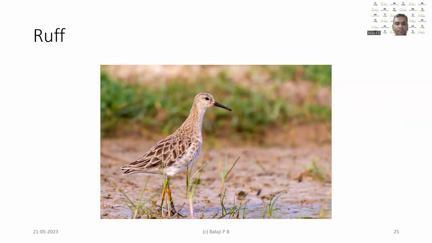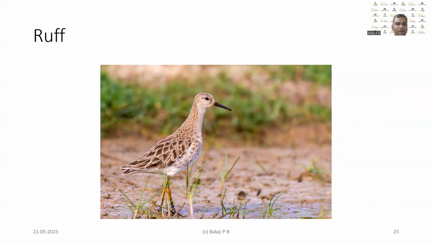Another related species is the ruff, a sandpiper which can be confused with other birds, but the main differentiator of a ruff when compared to the rest of the sandpipers is that it has a relatively larger body and a very short beak.